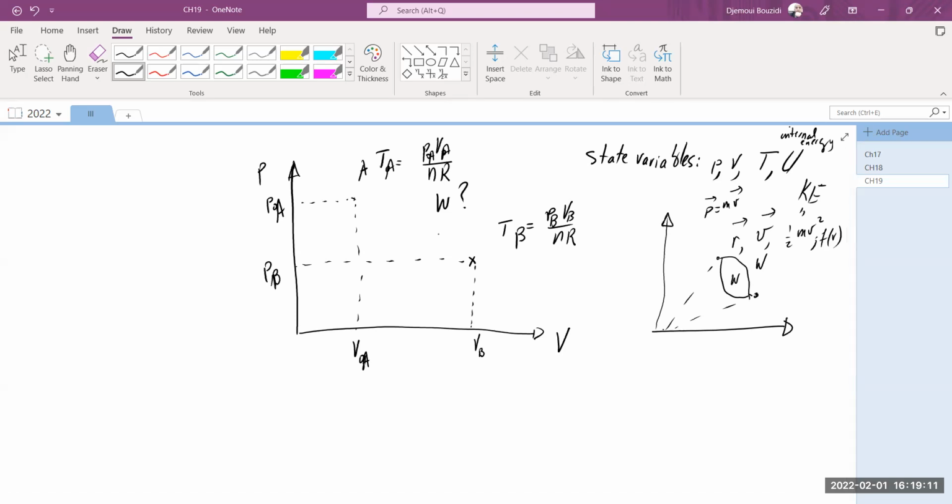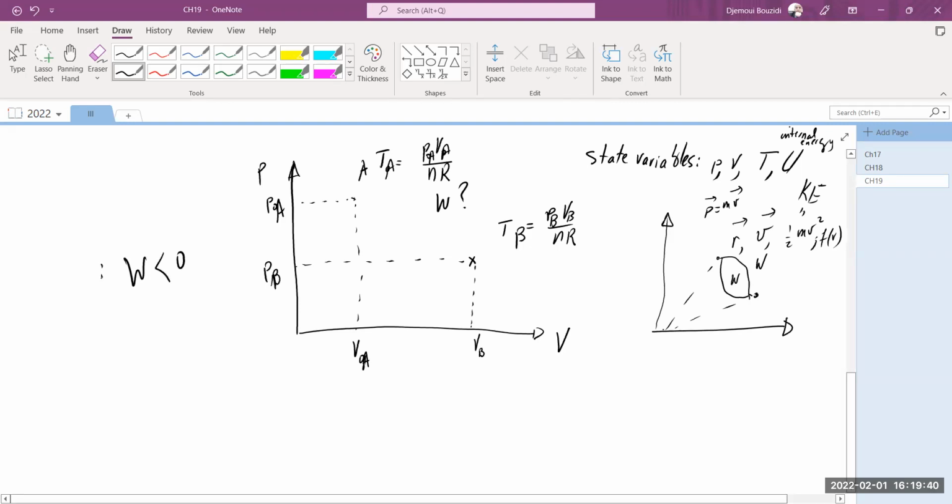If the number W for the work is negative, that means it lost energy in that form W. So that's the question. We want to find how much work is done either on the gas if W is positive, or by the gas if W is negative. So if W is negative, it's lost energy in the form of W.